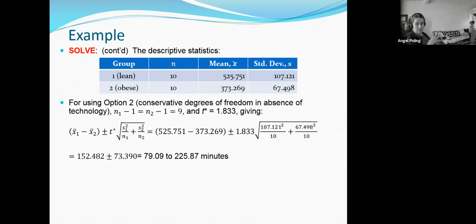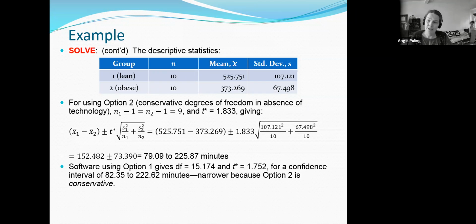So 152 take away 73 gives us the 79, and then 152 add on the 73 gets us up to that 225, right? So that's our confidence interval about the true difference of the means of the population, right?